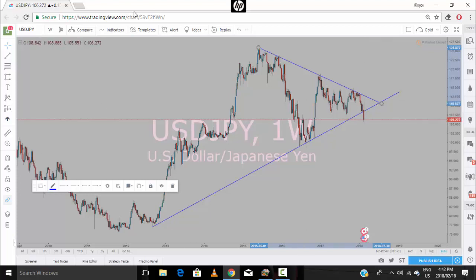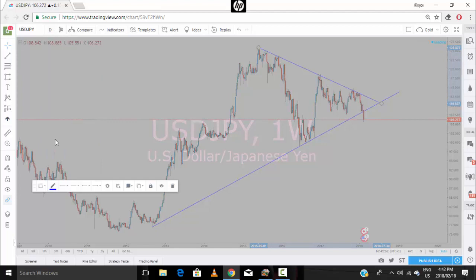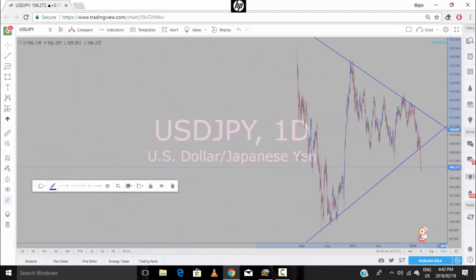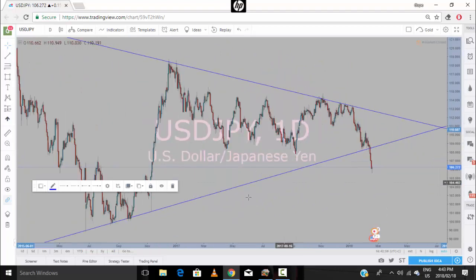But to me, I see the USD falling on the weekly time frame. I get on the daily, and look at it, it's all beautiful, it broke through.